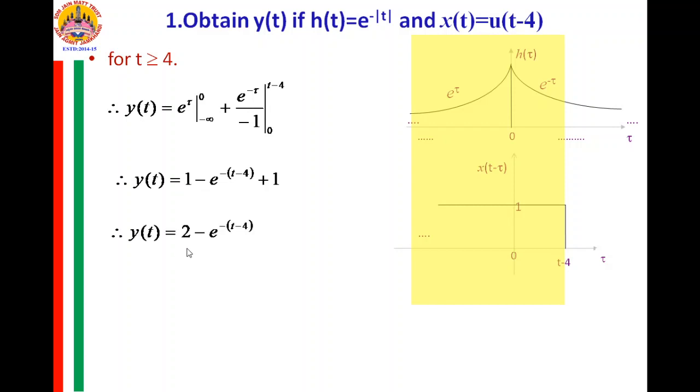So y of t is equal to 2 minus e raised to minus of t minus 4, for t greater than or equal to 4. So I shall write y of t is equal to e raised to t minus 4 for t less than 4, and it is 2 minus e raised to minus of t minus 4 for t greater than or equal to 4.